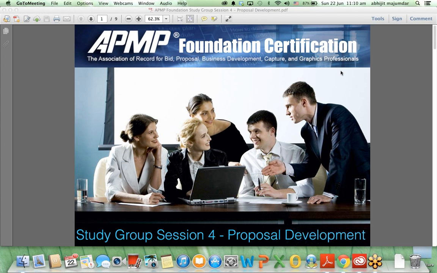In our last session, which was on proposal strategy, we saw how we strategize our proposal before we start developing it.